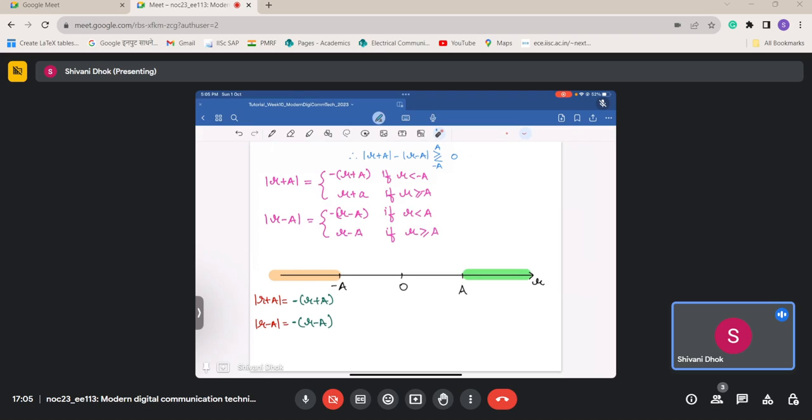In this region, r will also be greater than or equal to minus a, which means magnitude r plus a is equal to r plus a.